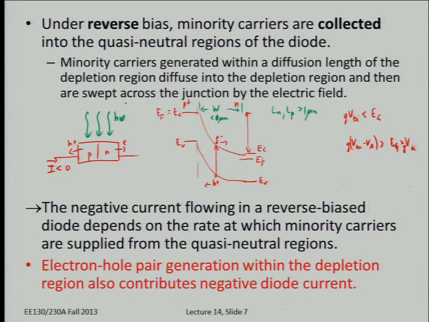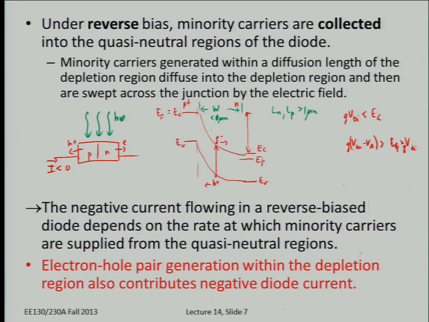So if light is shining uniformly all over this junction, H nu, and the photon energy is enough to generate electron-hole pairs, where do you think most of that current is generated? That's right, it's in the quasi-neutral regions, because they are much larger, longer. Any minority carriers generated within one diffusion length of the depletion region will diffuse to the depletion region and get swept across and collected.